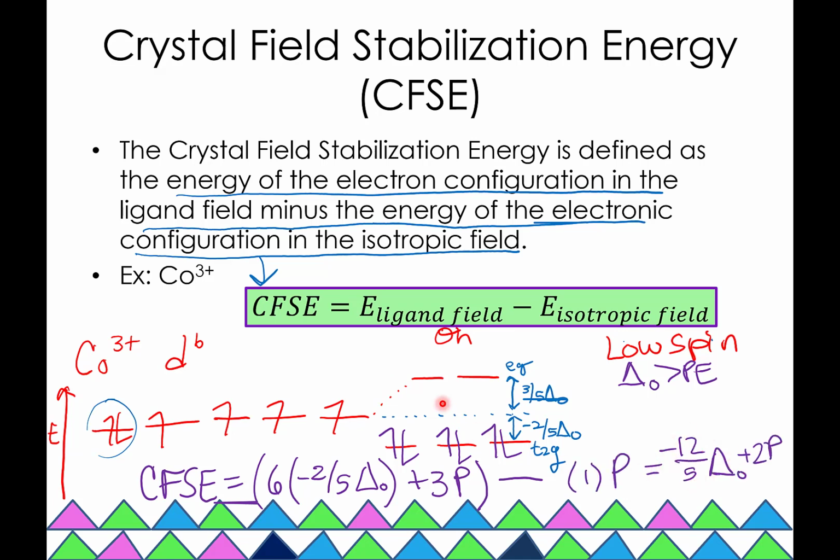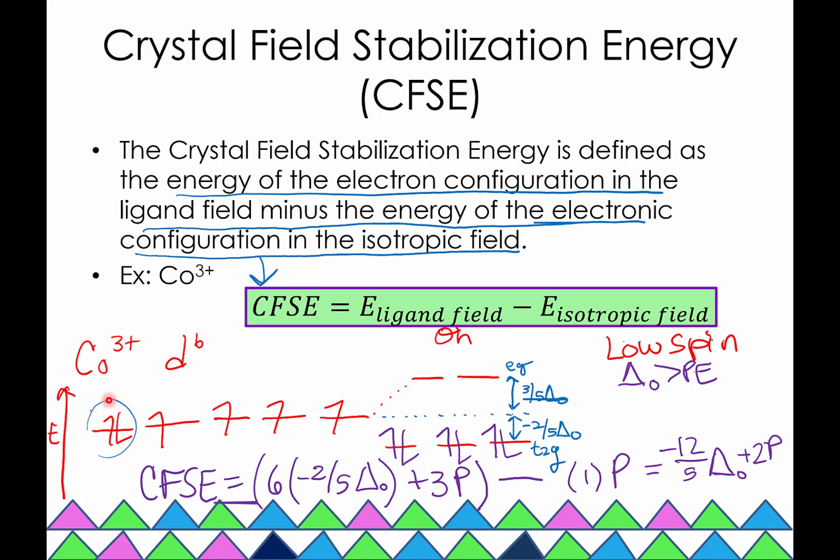In the low spin case, we have a lot of stabilization from all 6 of these electrons going into this lower energy orbital, negative 12/5 delta octahedral. We do have some increased potential energy from the electron-electron repulsion in these d orbitals, in our t2g d orbitals.